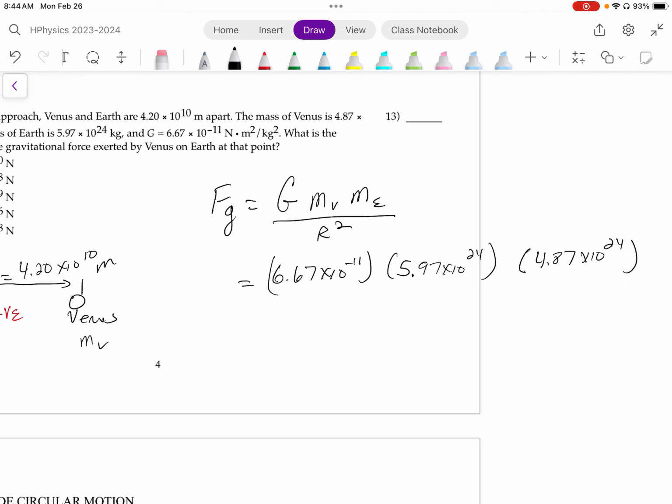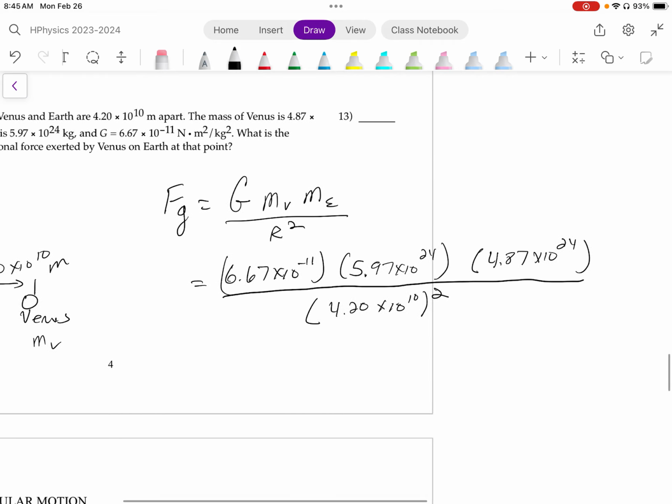I don't know which order I did that, I'm just looking at my notes. Divided by the distance between the centers of mass squared, 4.20 times 10 to the 10. And don't forget to square that.